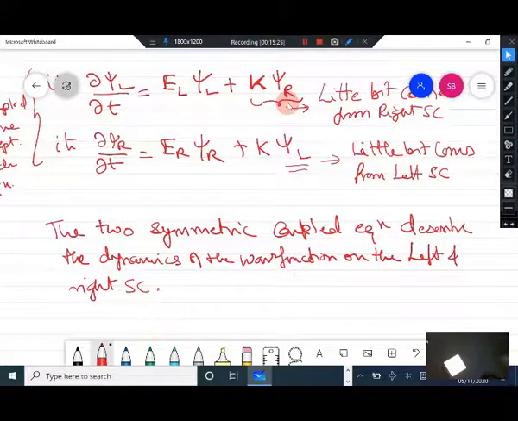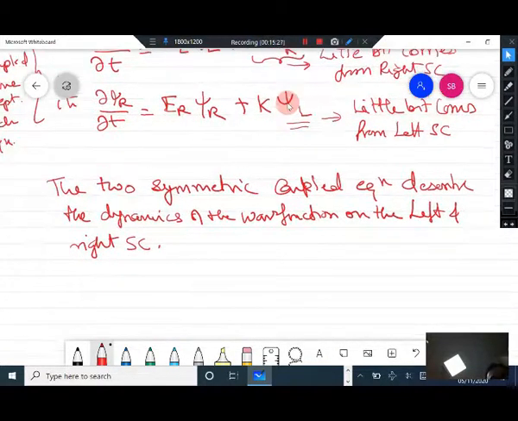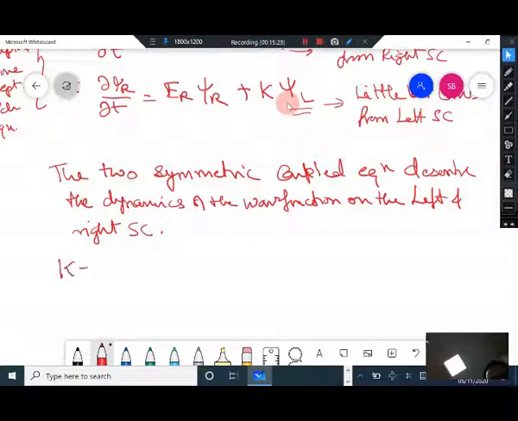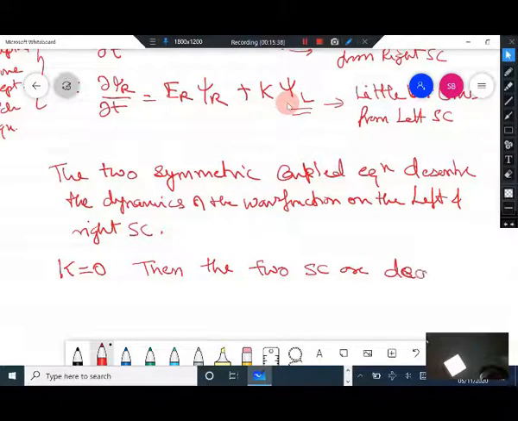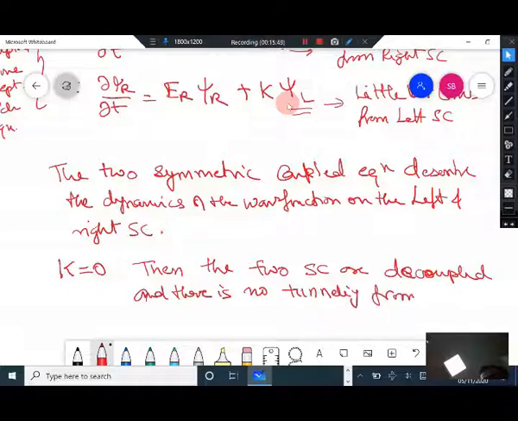If K is equal to 0, then the two superconductors are decoupled and there is no tunneling from left to right or right to left superconductor.